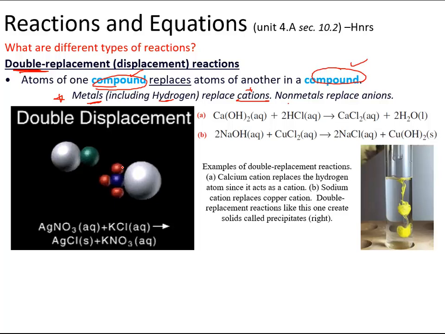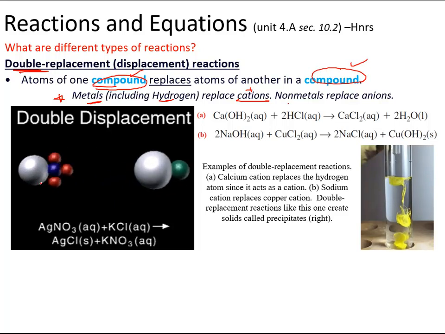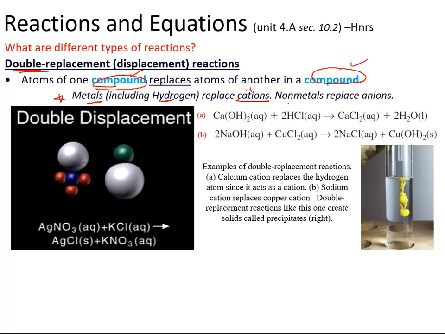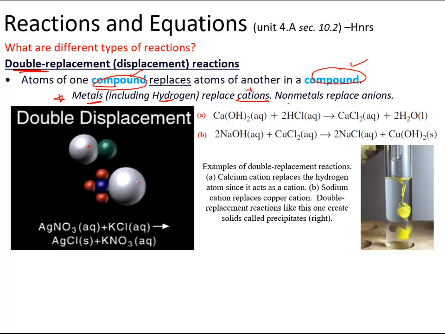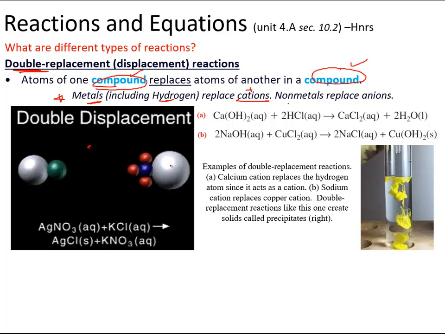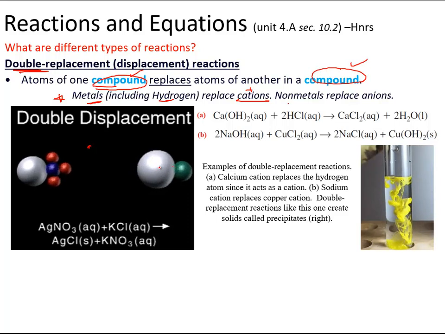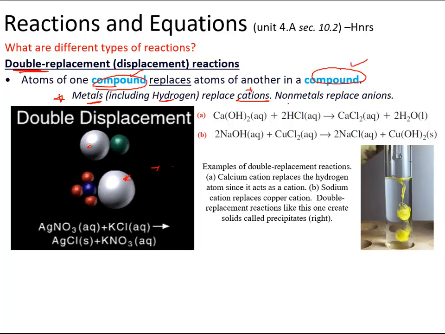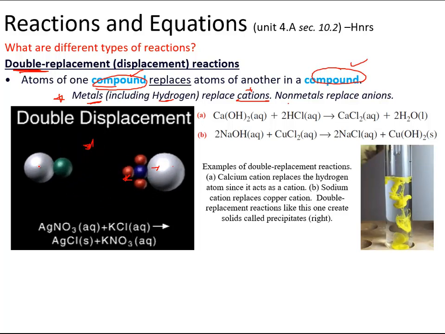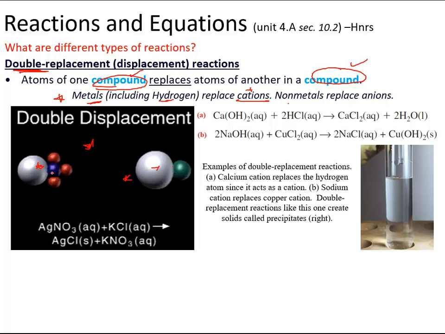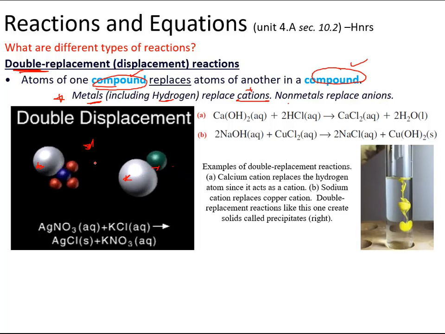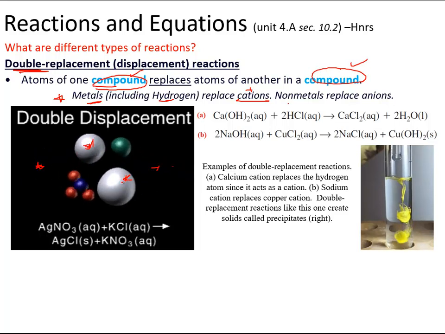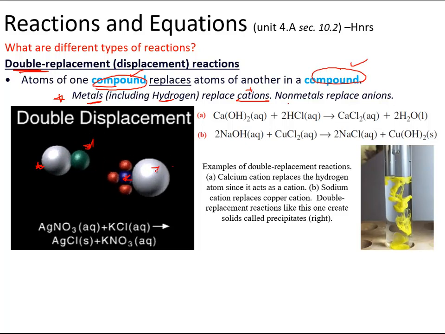Let's look at some examples that you can see here. So in this first one, the silver are going to be these ones here, and these large ones here are going to be your cation, your potassium. So this is going to be the K, and this is going to be your Ag. Now notice the Ag and the Cl combine together, and the K, which is right here, and the nitrate also combine together.